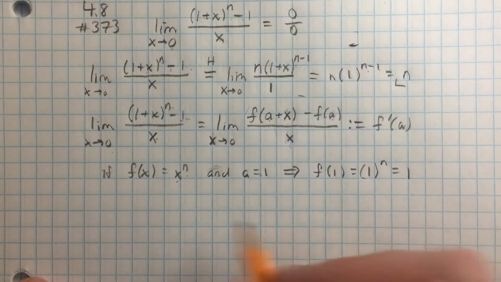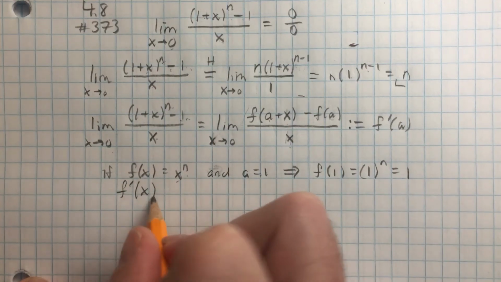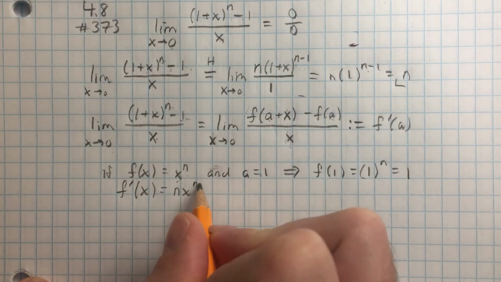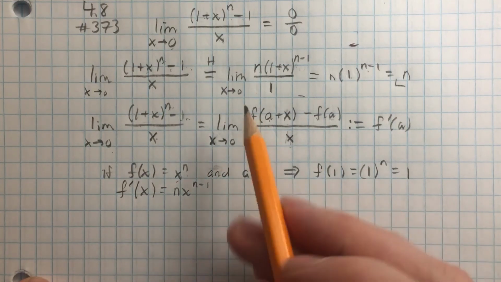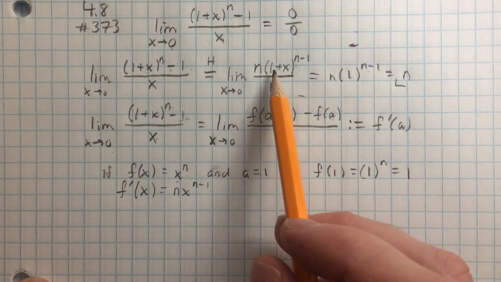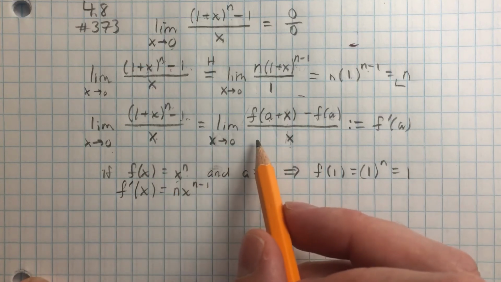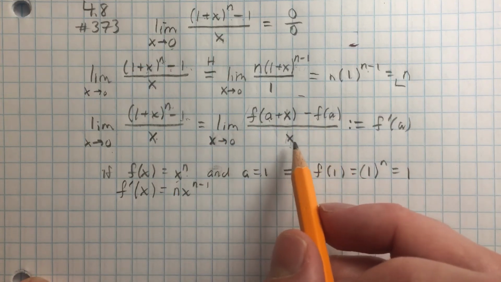So therefore, if I just take the nth power of x, f prime of x is n x to the n minus 1, similar to the move we used up here when taking the derivative of the numerator for L'Hopital's rule. But here this is independent of L'Hopital's rule. This is just comparison with the derivative structure for a function.